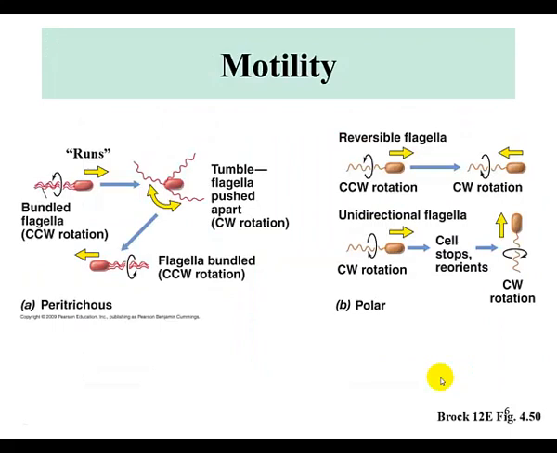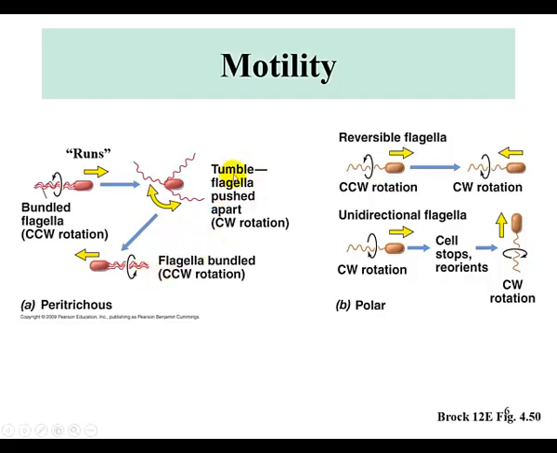Now, bacterial cells are capable of various patterns of motility, the ability of an organism to move itself. When a bacterium moves in one direction for a length of time, the movement is called a run or a swim. Runs are interrupted by periodic abrupt random changes in direction that are called tumbles. Then a run might resume again.